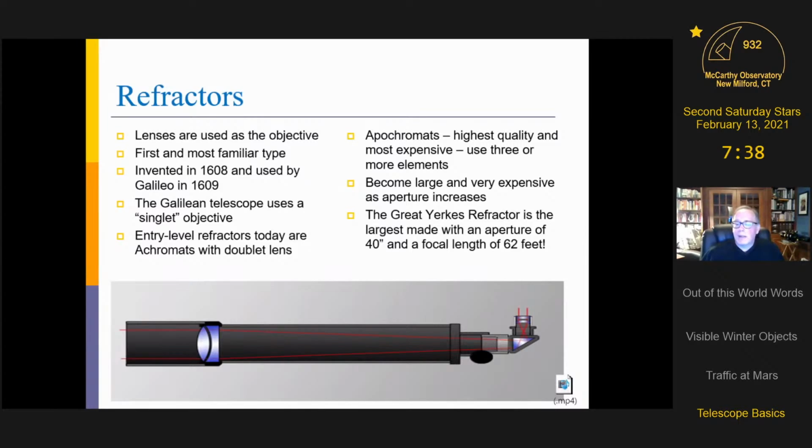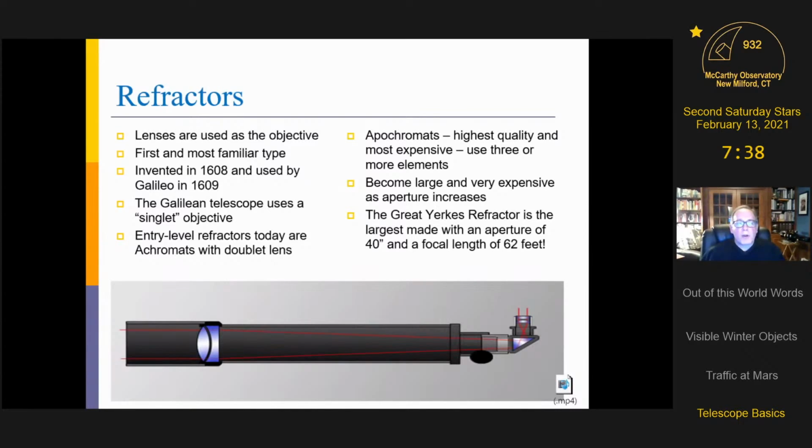It was invented in 1608 by three Dutchmen, opticians. Hans Lippershey is given credit for the invention, but Zacharias Janssen and Jacob Matthias also came up with designs at the same time. There was a famous spat with the patent office, and Lippershey won that.